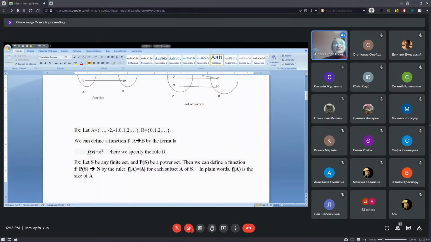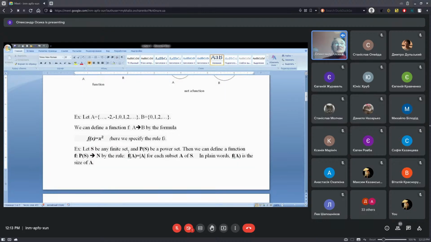We can define a function f from A to B by the formula f of x equal x squared. So the value from the domain and its corresponding element from the range is obtained by such a formula. Here we specify the rule f.